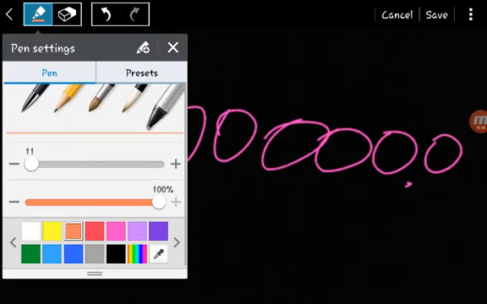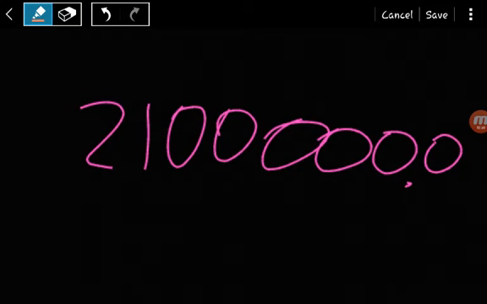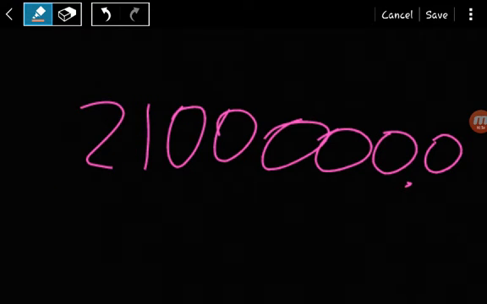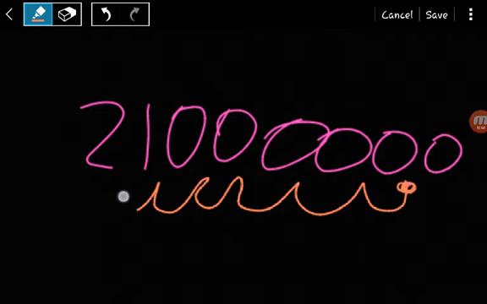So what we want to do here is find a whole one-digit number between 1 and 10. So 2 is a whole one-digit number between 1 and 10. So we'll take our decimal point, 1, 2, 3, 4, 5, 6, and we'll have a new decimal point here.